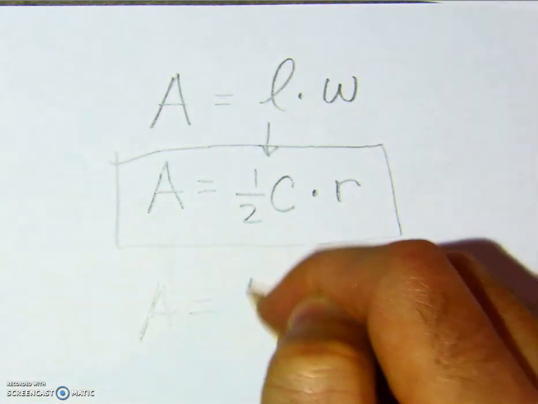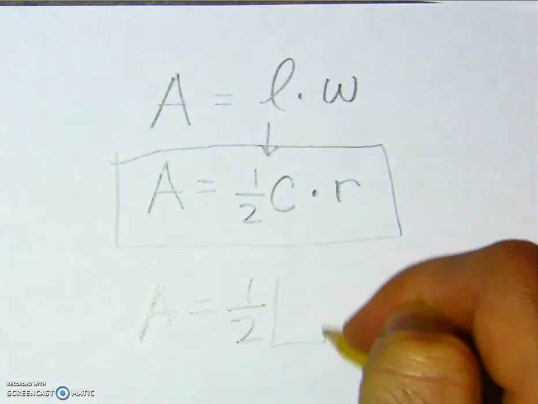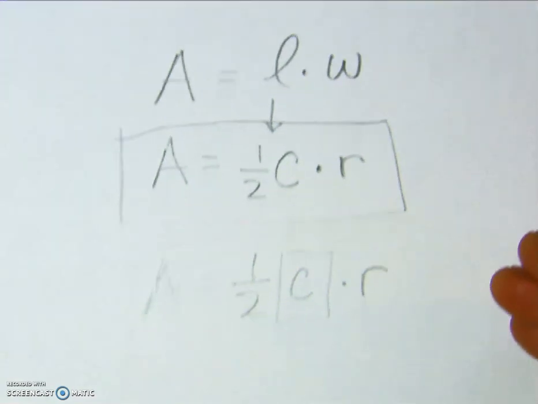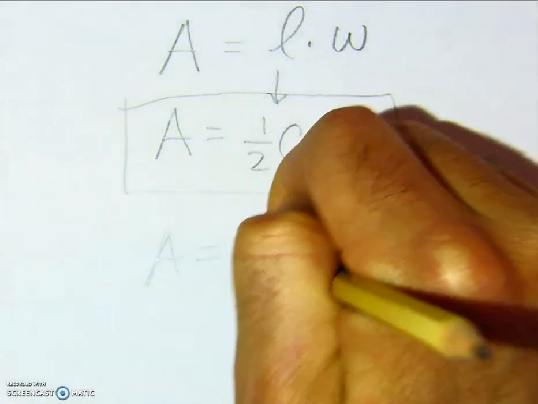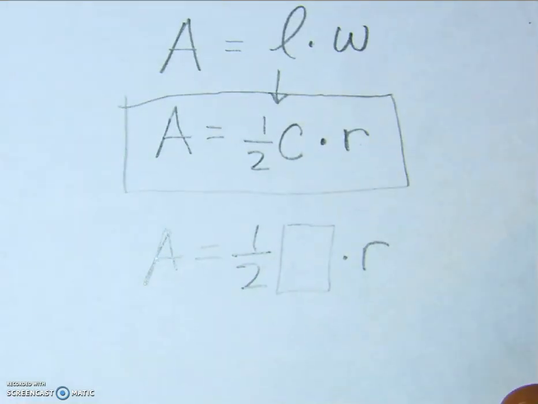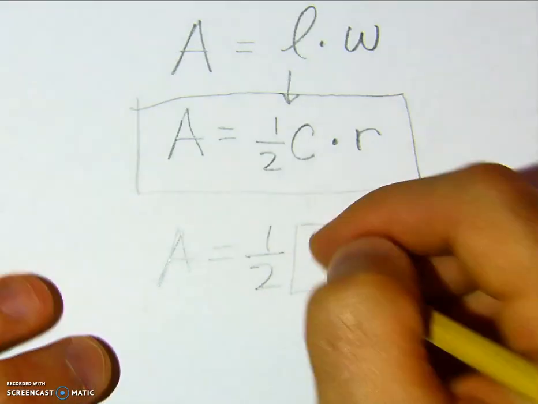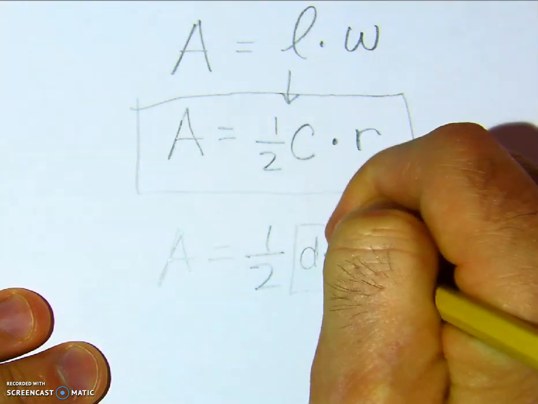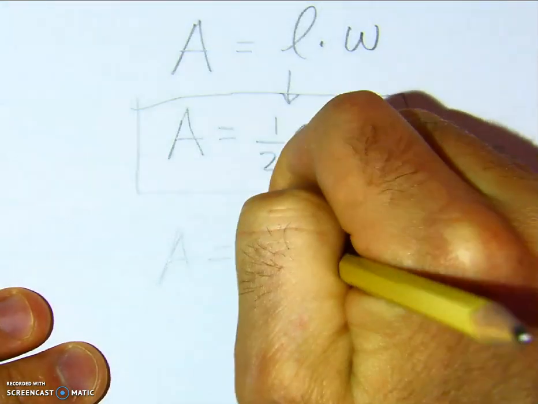A equals 1/2 circumference times R. And we're going to do some substitution here. In the place of C, let's get rid of C. We're going to replace it with what circumference is equal to, which is diameter times pi. Okay, cool.